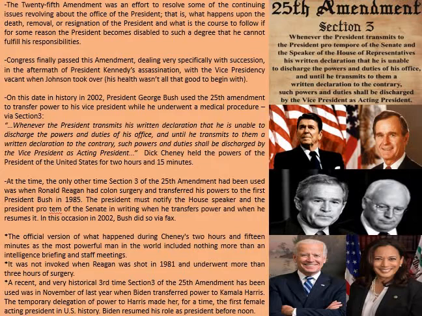More specifically, what happens upon the death, removal, or resignation of the president, and what is the course to follow exactly if for some reason the president becomes disabled to such a degree that he cannot fulfill his responsibilities. A lot of these questions were unanswered. Congress finally passed this amendment dealing very specifically with succession.